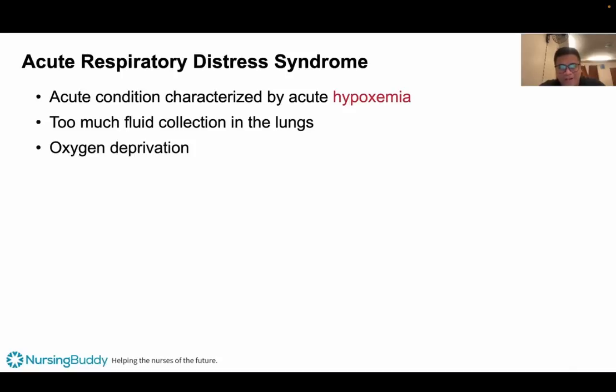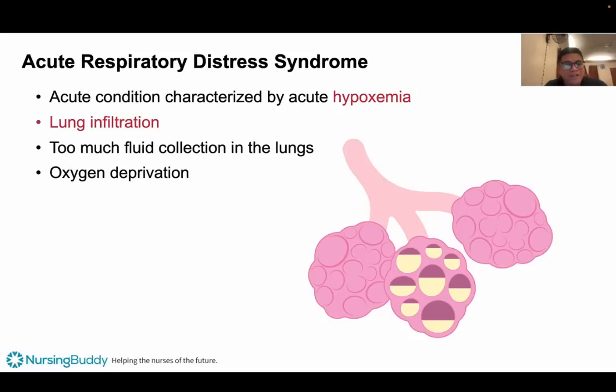That's what we call ARDS. ARDS can be a complication of pneumonia, or a complication of trauma, for example near drowning. Here the lung is infiltrated by fluid and pus, and that's a problem.